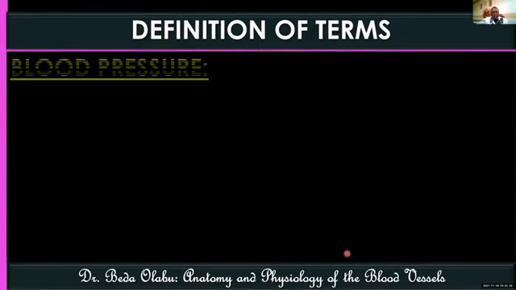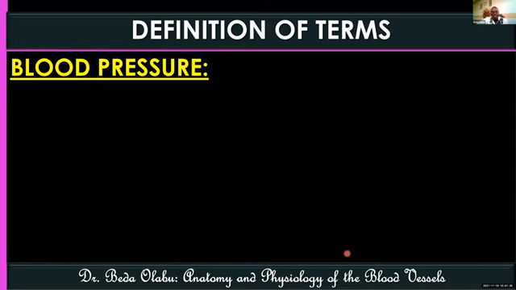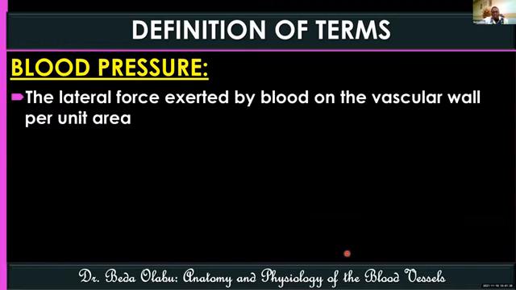The second thing I want us to define is the blood pressure. Blood pressure is the lateral force that is exerted by blood on the vascular wall per unit area. Lateral force. Remember, blood flows longitudinally along the lumen. But there's some force that blood puts on the vessel.